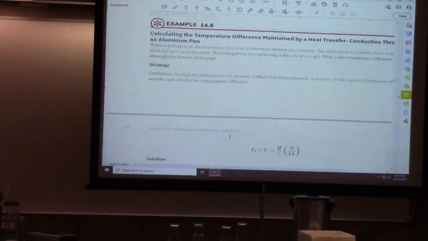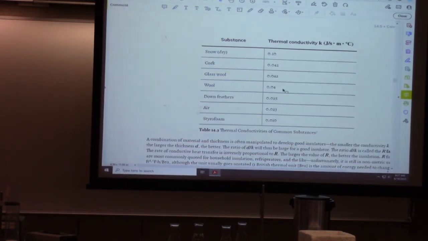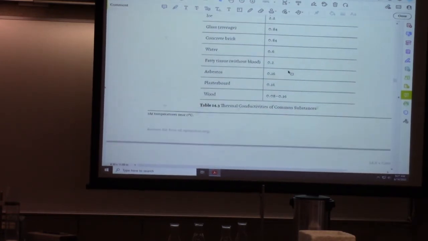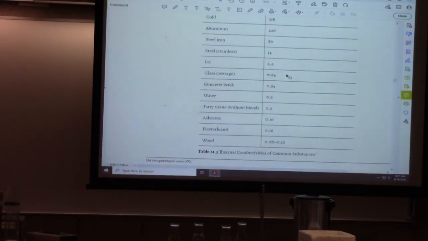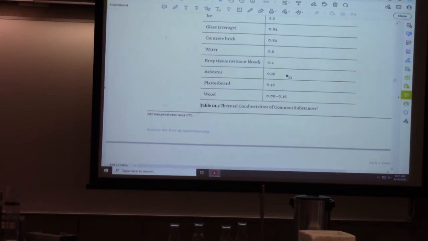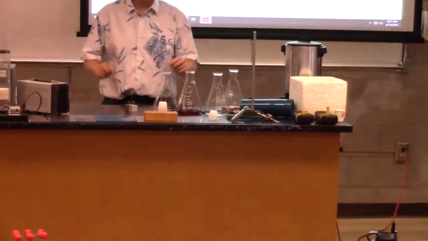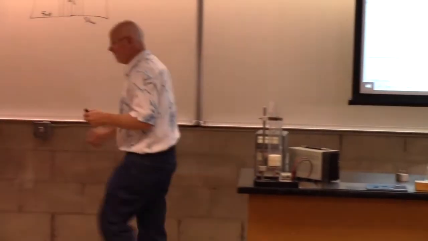Because I want to show you a little experiment, kind of a fun experiment with paper. He's got wood here. Maybe I'll treat 0.04. Oh, that's wool. Where was wood? Wood, here it is. 0.08, 0.06. I don't think he's got paper by itself. So I just want to point out that paper or wood, you can see right here with the wood how poor it is. But what if I just had one thin sheet of paper like this?